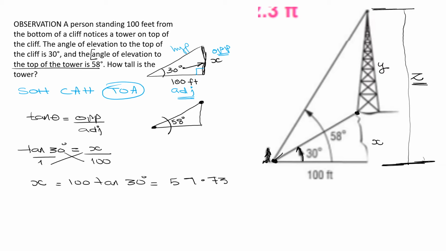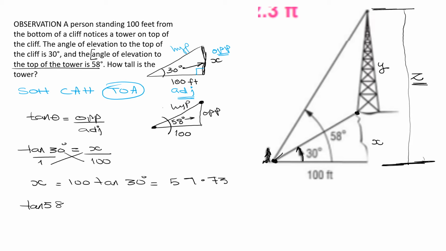So let's try to find the z. How do we find the z? Let's see here that opposite to 58 is the opposite leg, and this is the hypotenuse, and this base is given as 100 feet already. You can see from the figure. So again, the relationship between the opposite and the adjacent legs is given by the tangent.